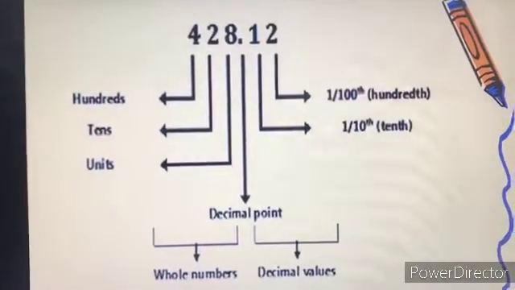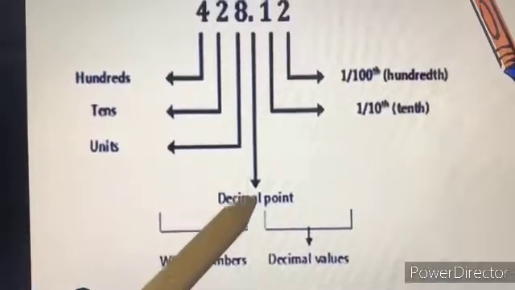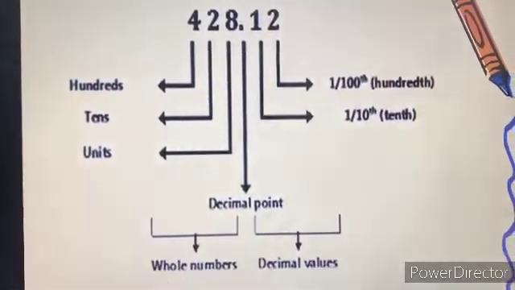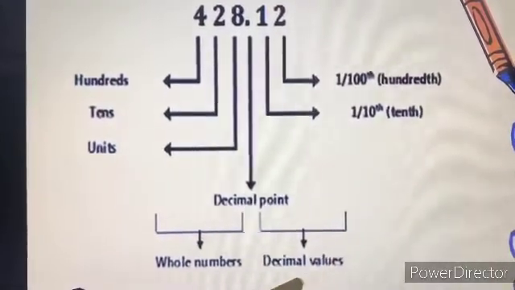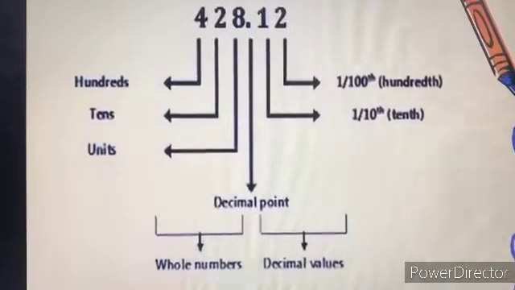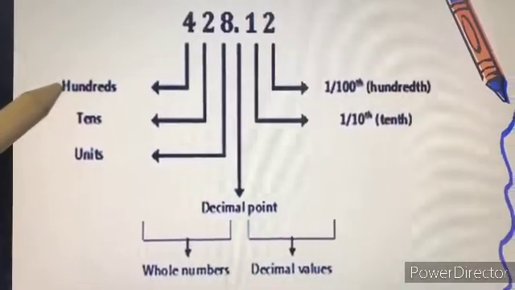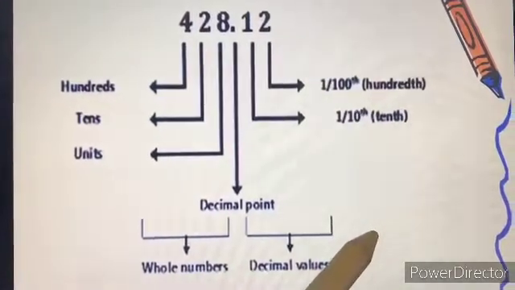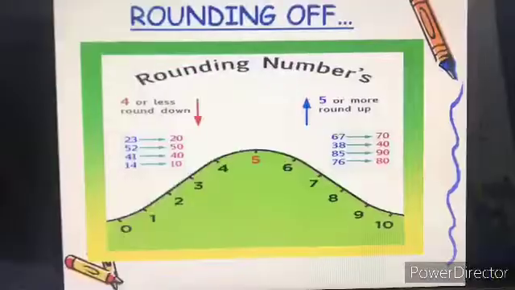A quick review: on one side of the decimal point you have whole numbers, and on the other side you have decimal values. In whole numbers, the values are units, tens and hundreds. On the decimal side, you have 1/10th, 1/100th or 1/1000th.